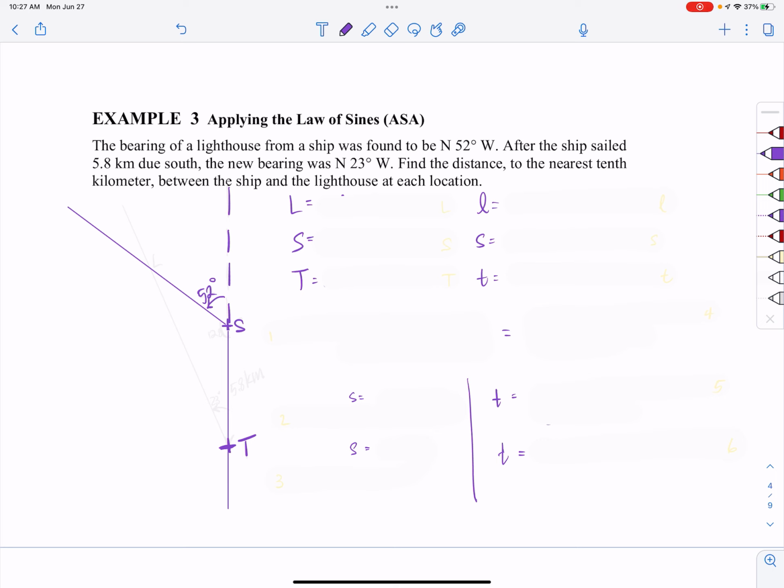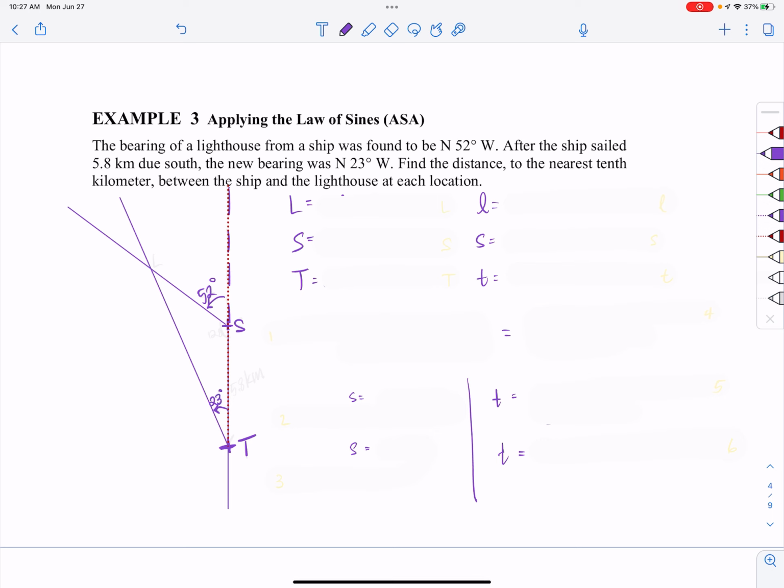So again, you want to establish that north line. Here's my north line still, and I'm still going west of that north line, but now I'm going a smaller angle of 23 degrees.